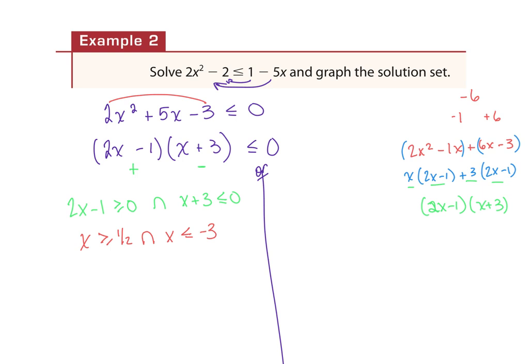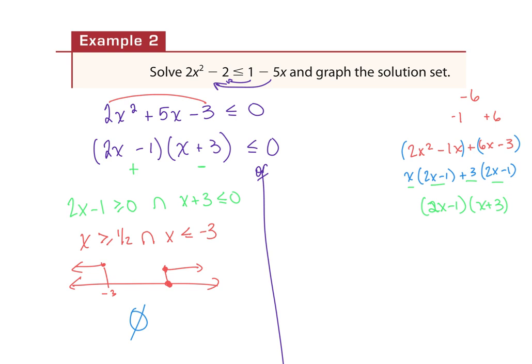Think about it on a number line. If I have greater than or equal to 1/2, that's here, in this direction. Less than or equal to negative 3, that is here in this direction. Where do they cross? They don't cross. So on this scenario, I have the empty set.